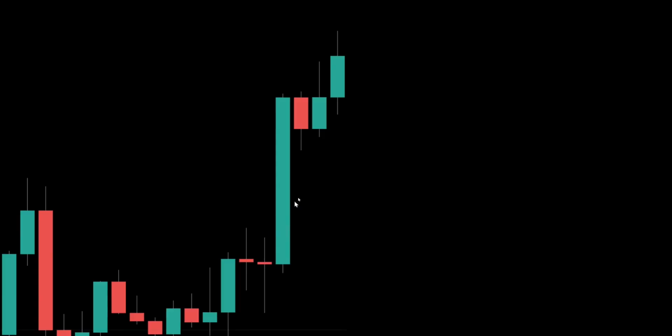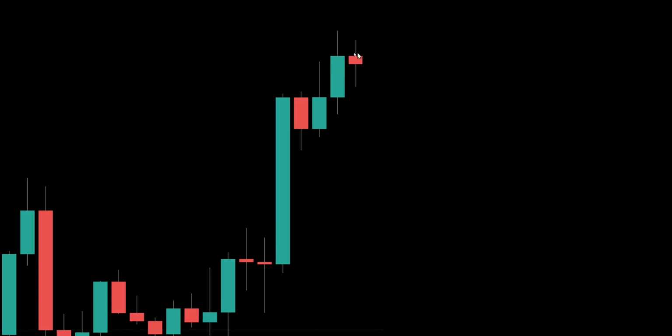Now here we have candles moving bullish, moving up. You have a candle closing bullish at this time. Some might say this is a good opportunity to take a buy, while others might say let's just wait a little bit. Now you have a small bearish candle.